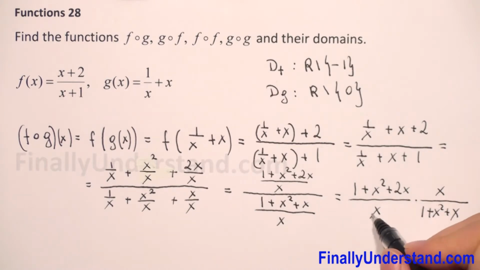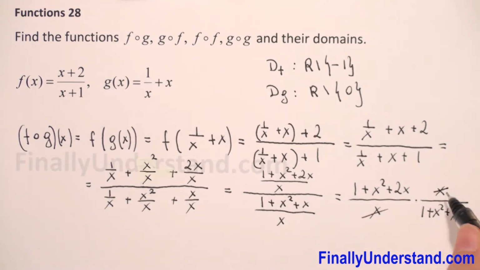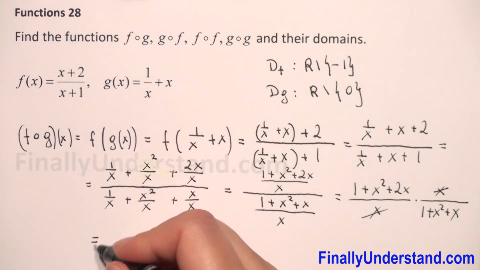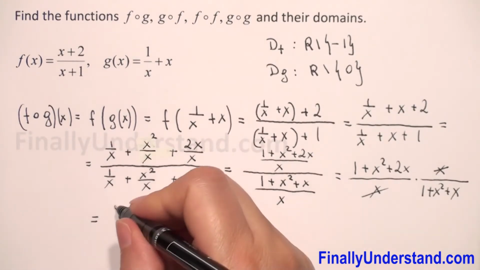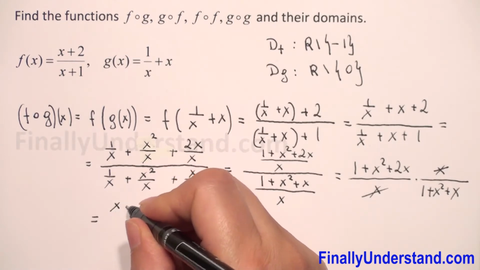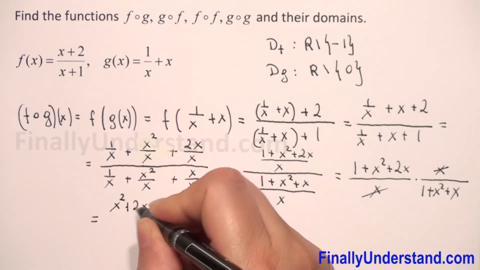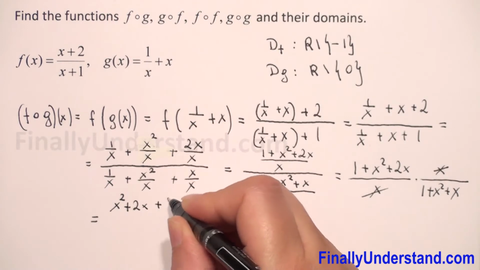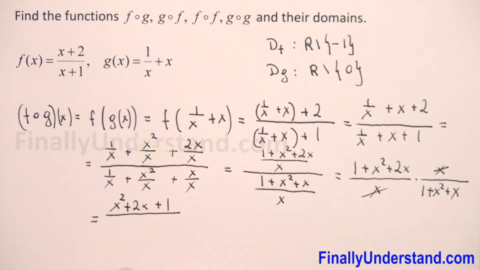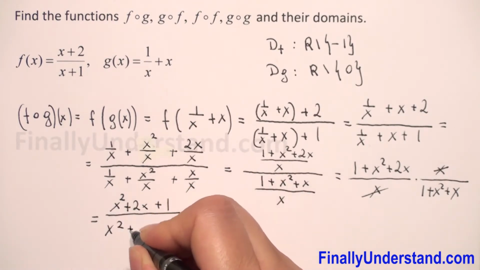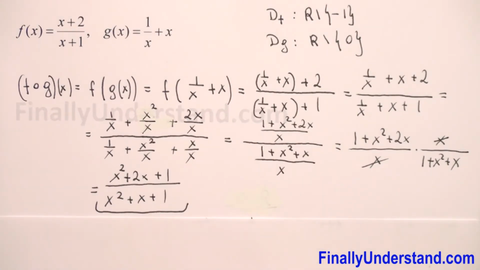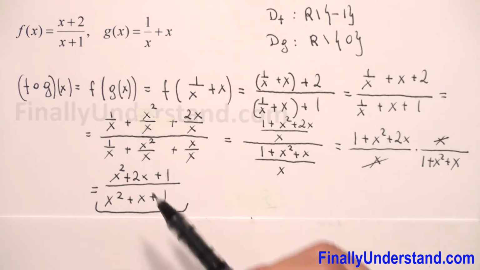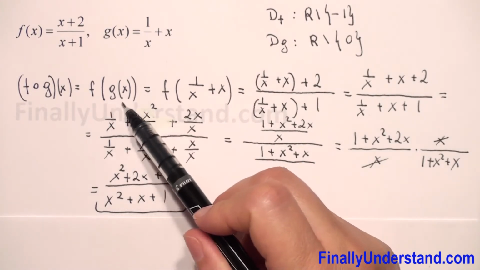Now we have multiplication. We can reduce x and x. And we have, I can put x squared first, the highest power, x squared plus 2x plus 1 over x squared plus x plus 1. Now we have to find the domain of f of g. So let's see first at the beginning. We have f of g of x.